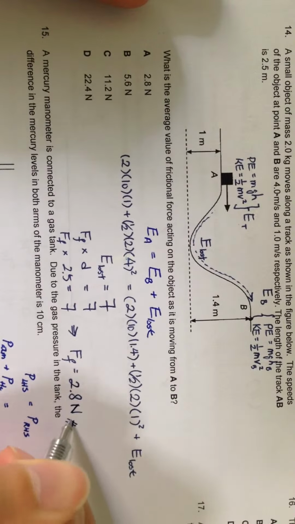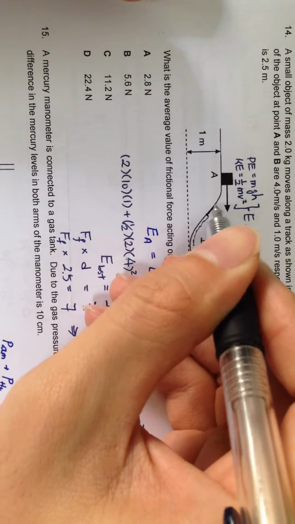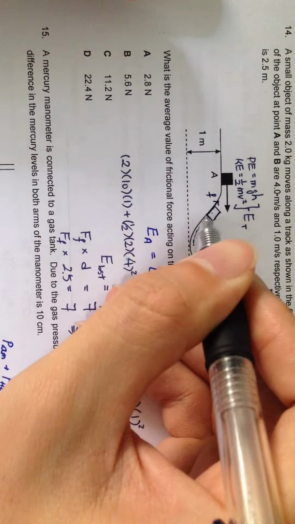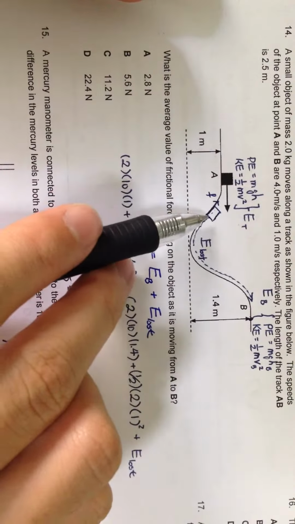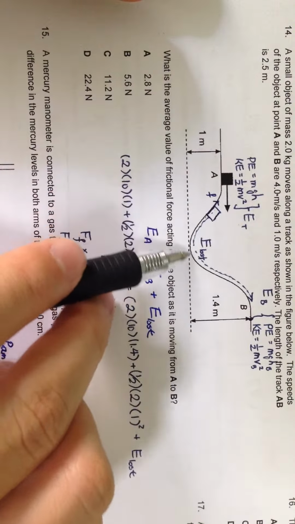That's how you get it. The reason why is that at any point, if you draw here, there will be a frictional force acting here. Although this path is curved, the frictional force is going to follow the same path as this distance, right? So therefore you can still use W equals F times D to find the frictional force.